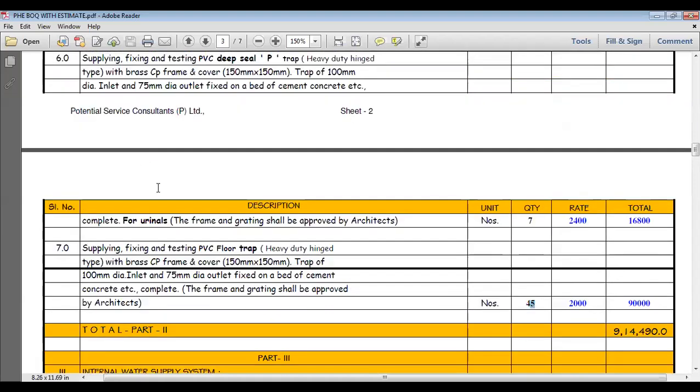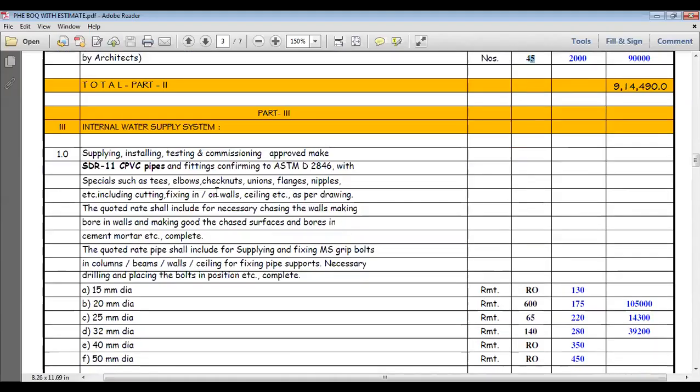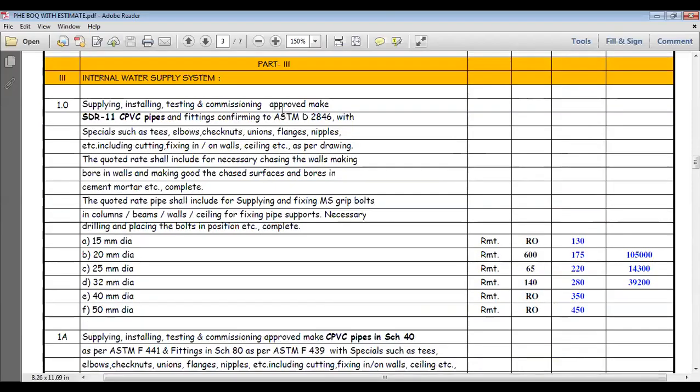Now we are going for the internal water supply items. Water supply items internal only, not external. For the internal water supply, installing, testing and commissioning, approved make SDR 11 CPVC pipe we are using.